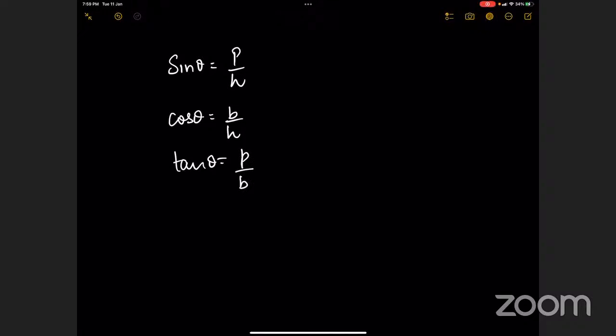Okay, very good. And can you tell me what is the reciprocal of sine theta? The reciprocal of sine theta is cosec theta. Very good. So the formula for cosec theta will be the reciprocal of sine, so hypotenuse upon perpendicular. What is the reciprocal of cos theta?